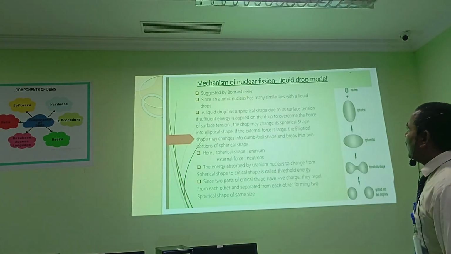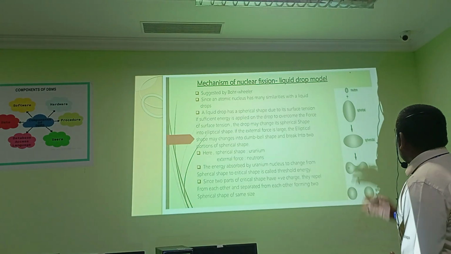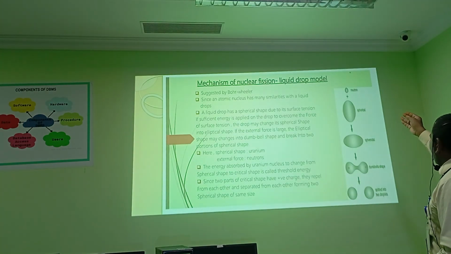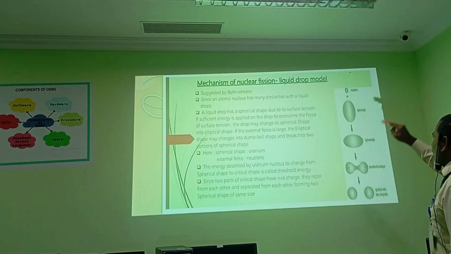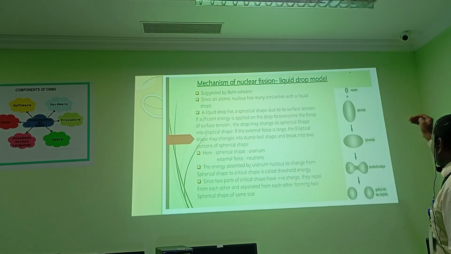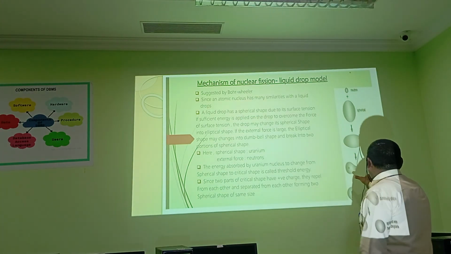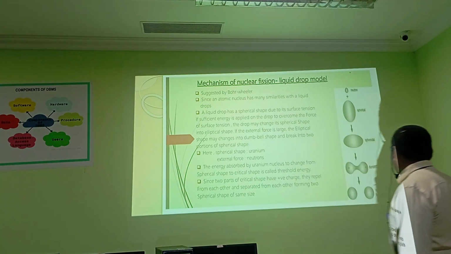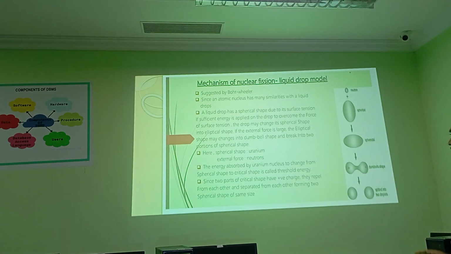The mechanics of nuclear fission follow the liquid drop model. A neutron is added to the spherical nucleus, which becomes a spheroid, and then splits into 2 shapes, releasing energy.